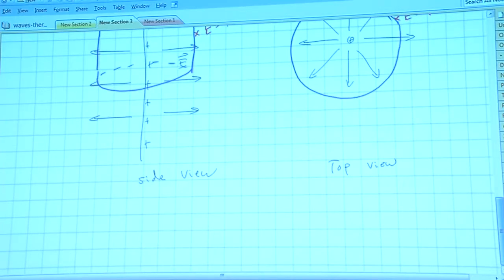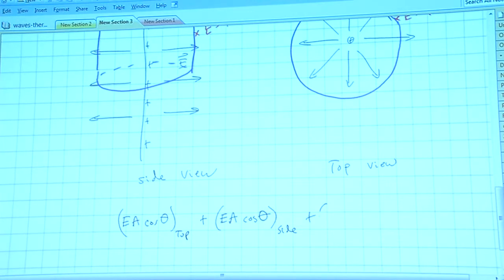So what I end up with is EA cosine theta for the top of my cylinder, EA cosine theta for the sides of my cylinder, EA cosine theta for the bottom of my cylinder. And I add them all up, and I have to get Q inside over a constant, epsilon naught.